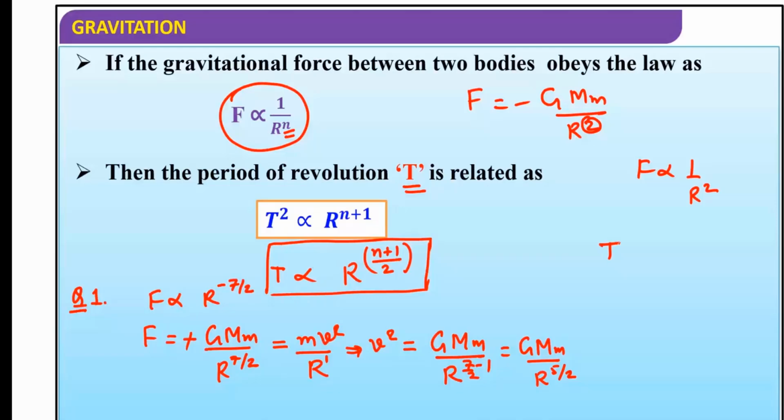Now how to find the time period? Time period is 2 pi R upon V. Square of the time period is 4 pi square R square upon V square. Now substituting the value of V square, which is GM upon R raised to 5 by 2, it will come in numerator.